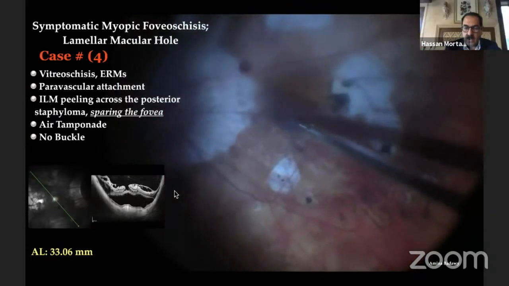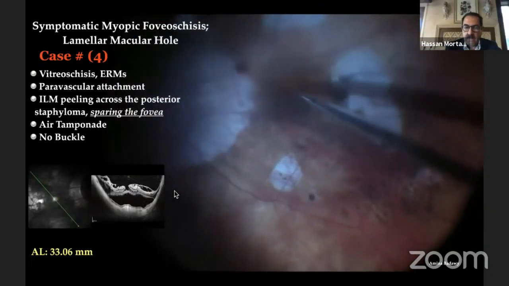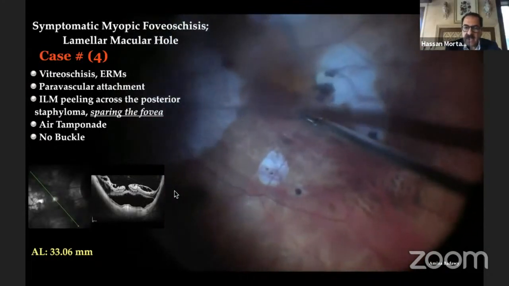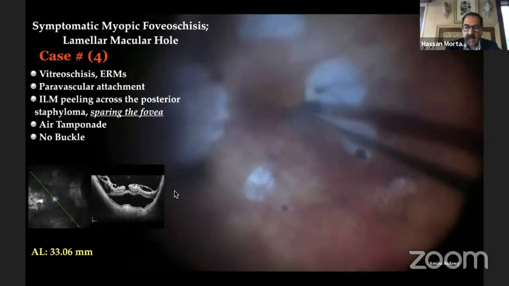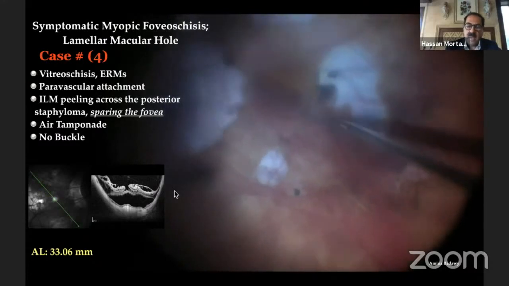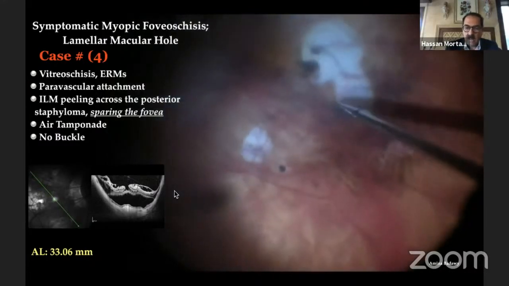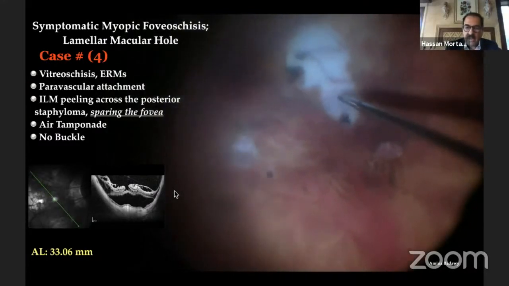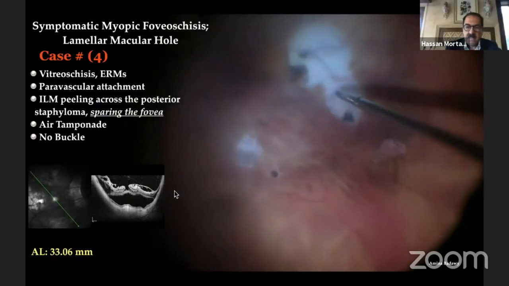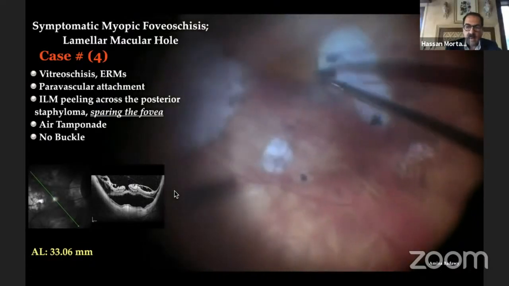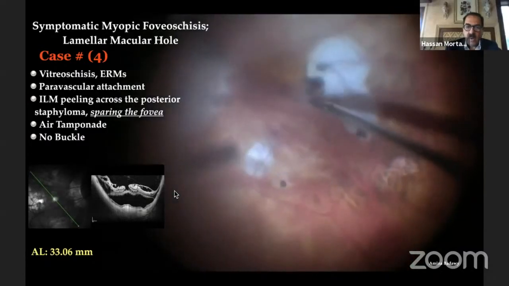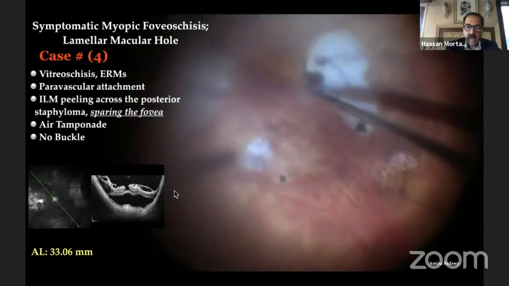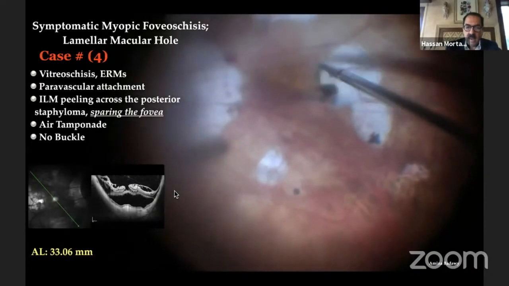and started to peel. This is a membrane and not the ILM, and you can know that from the texture of the structure peeled, and the membrane is peeled over the posterior pole and removed.